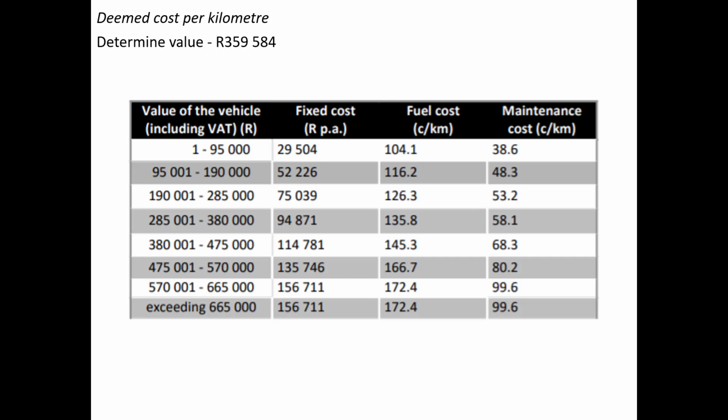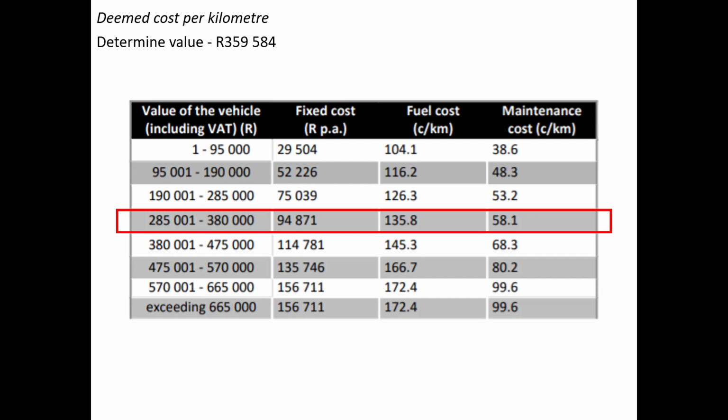So if we look at the cost scale and we try and see where the taxpayer's vehicle falls, or which category does the taxpayer's vehicle fall in, we will see that it is within that 285 and the 380,000, based on the value of 359,584.